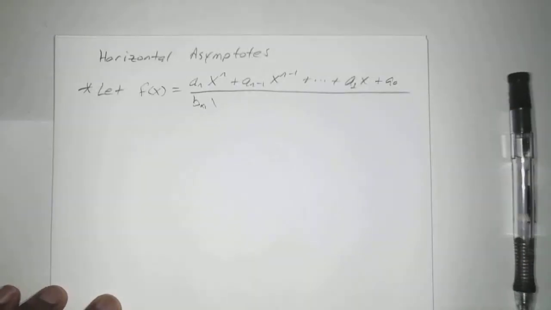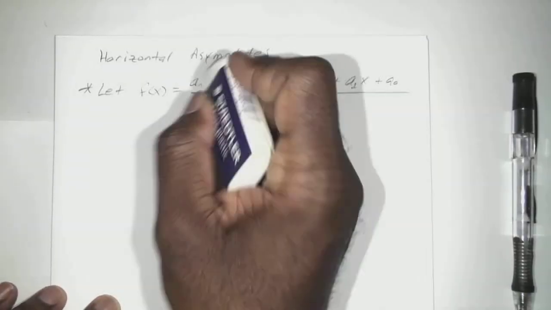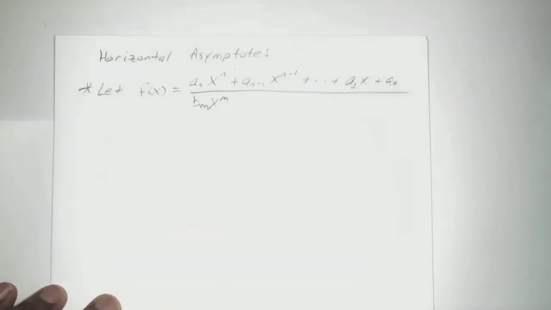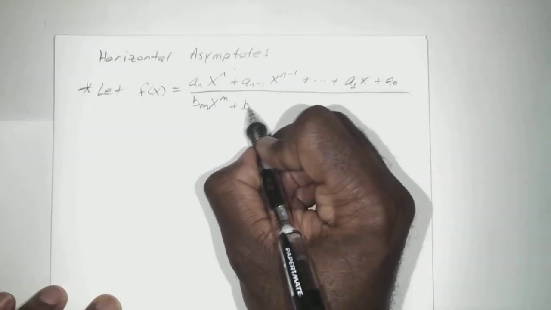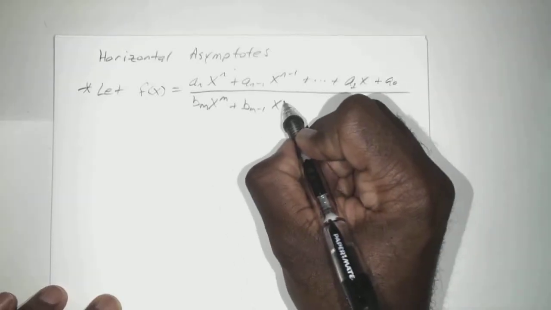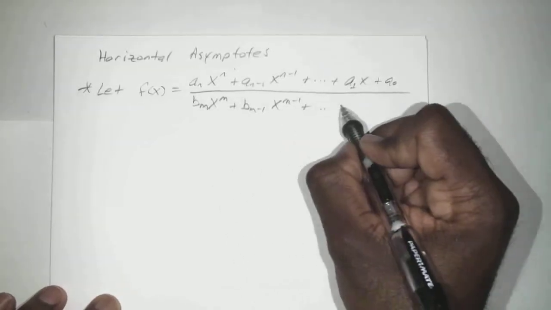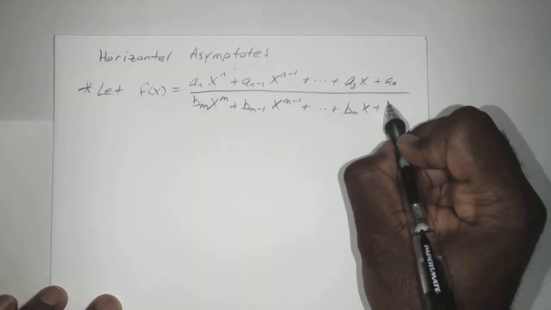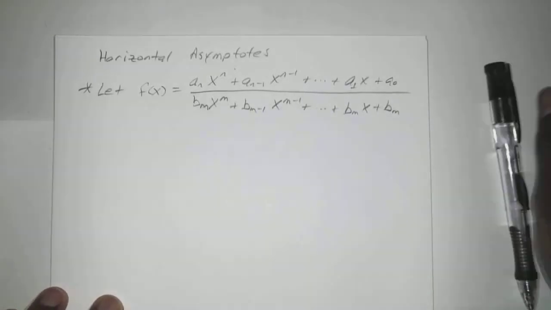Instead of m, we'll make that b sub m, since we don't know if they'll match or not, and it goes down to b sub 0.